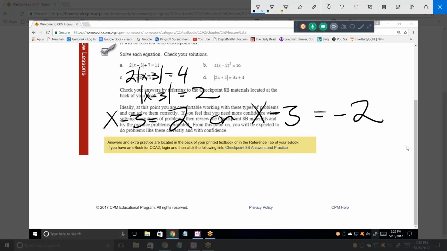I do it like that because I know I'm going to have 2 solutions. So x equals 5 or x equals 1. And if you plug that back in, check your solutions. Does 5 work? Yeah. Does 1 work? Yep.